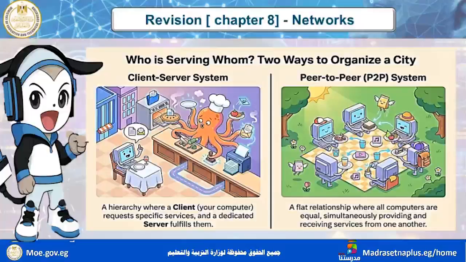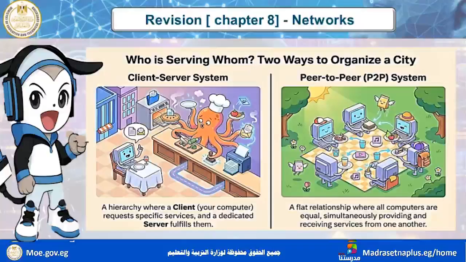Look at the picture. We have here the octopus, which has many hands to do many things at the same time. So the client here asks for a specific service and the server can help and serve many clients at the same time.